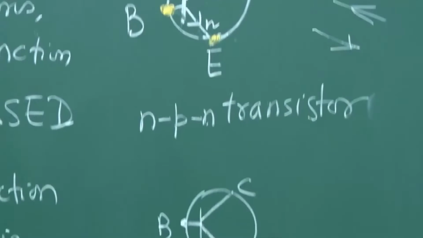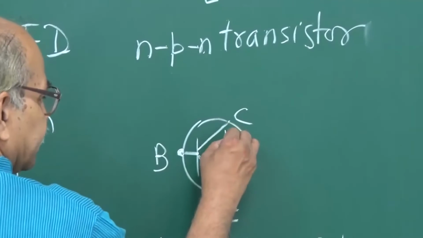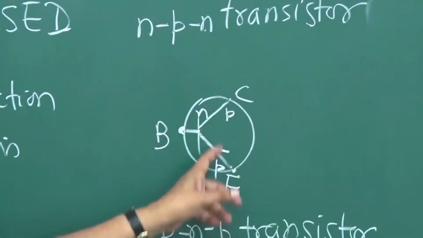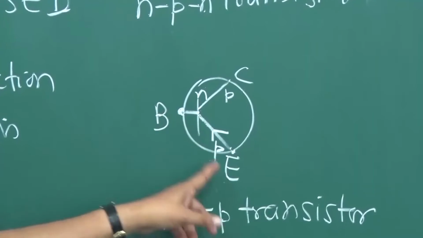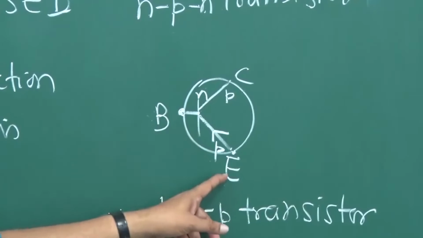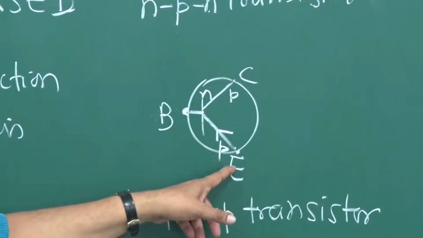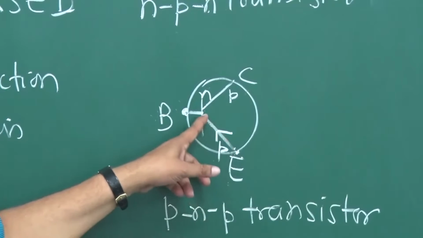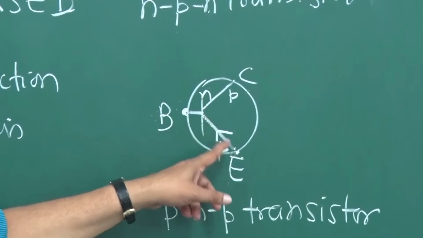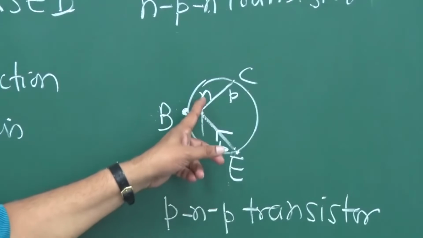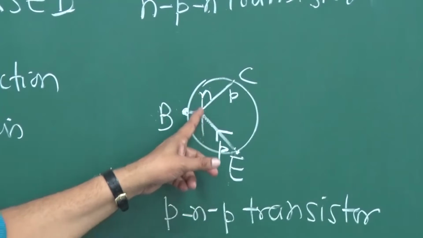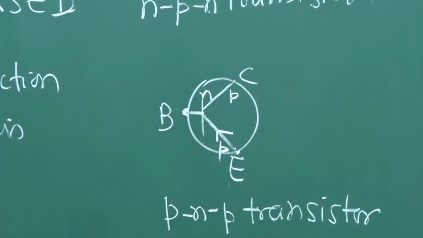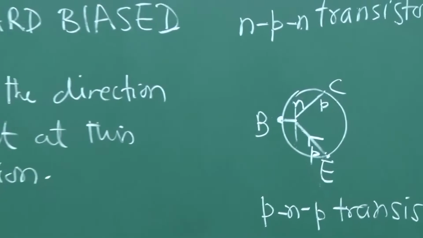And if it is a PNP transistor, where this is P, this is N, and this is P, then at the base emitter junction, if it is forward biased, what will be the direction of current? From P to N. The emitter is P type and the base is N type. So in forward bias, the current should be from P to N, and therefore the arrow is in this direction. That is how the arrow is decided. So this is the symbol.